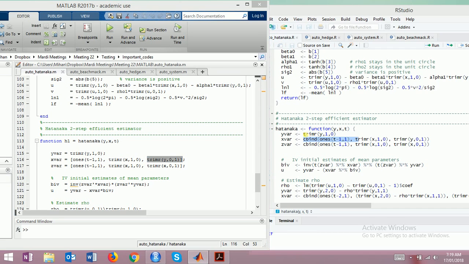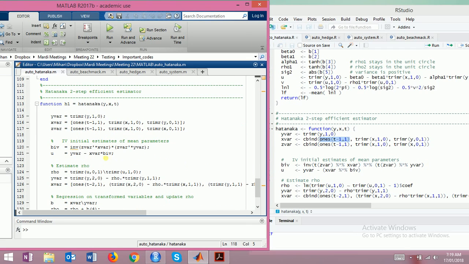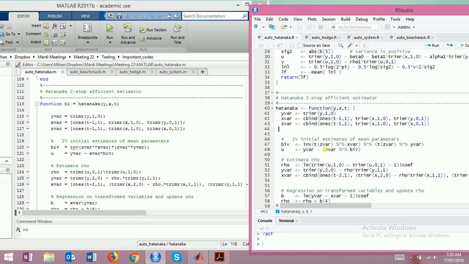Okay, trimmer y10, trimmer y01, they give you the same dimension. Trimmer x10, 1 t minus 1 1, so that all these remain same. Z bar, same thing.